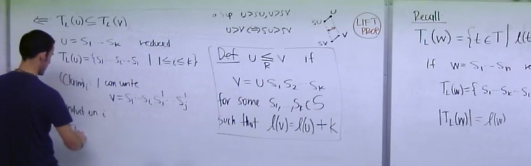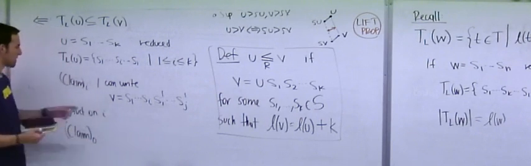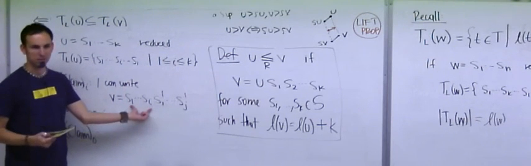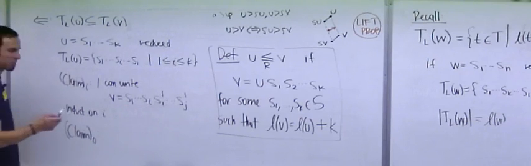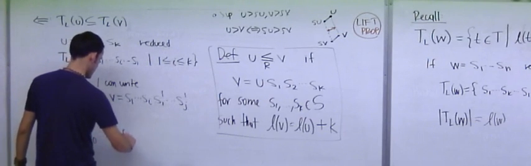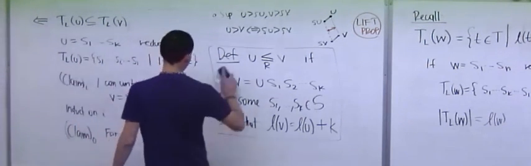So the initial case is claim sub 0, which says I can write V as something that starts with nothing. There's no requirement here. This is free, right? So the initial case is obvious.